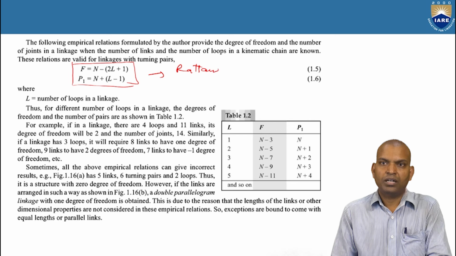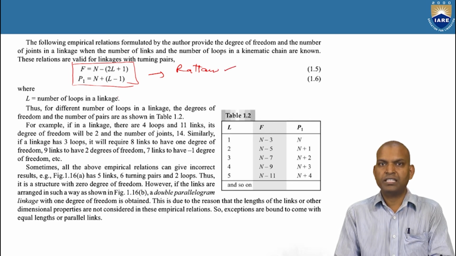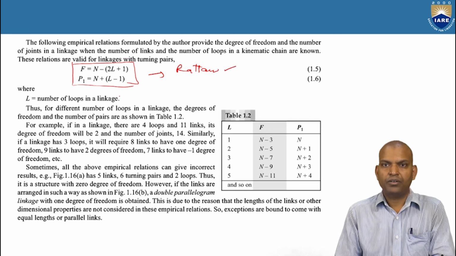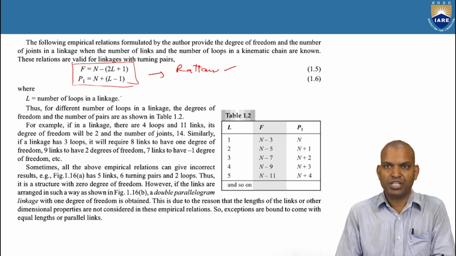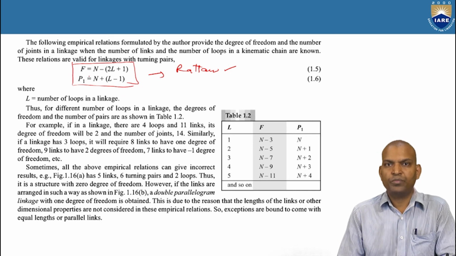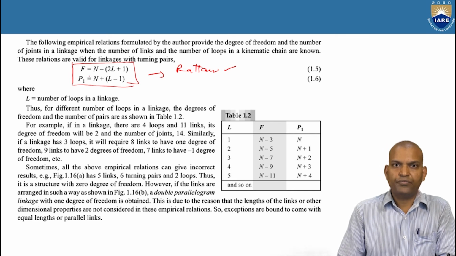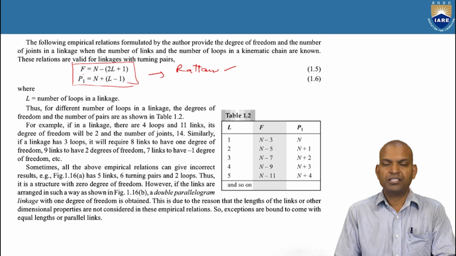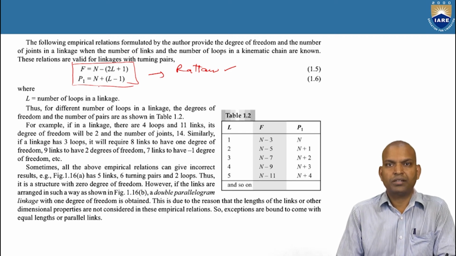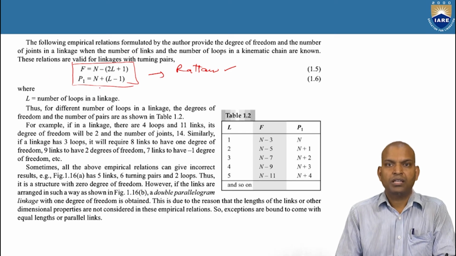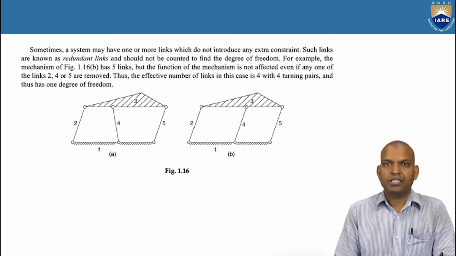He found a novel method to find the degrees of freedom of any mechanism, but there are certain limitations. By using this formula, if there is no loop, we can't find it. So it is only applicable for mechanisms which consist of loops.